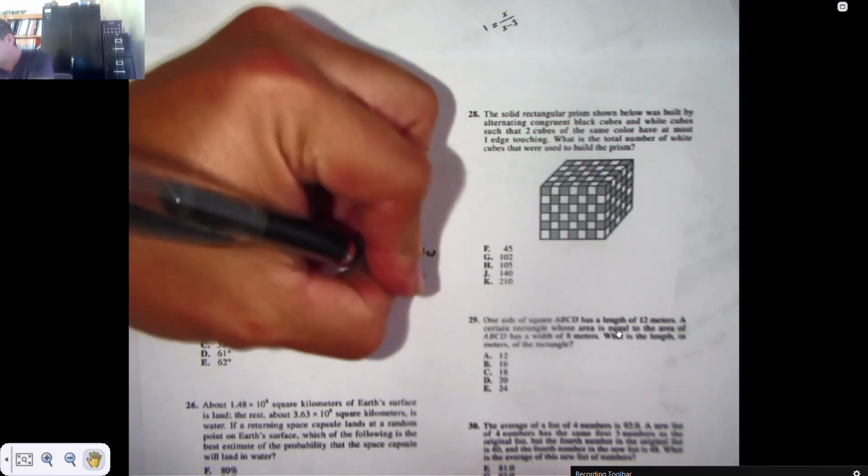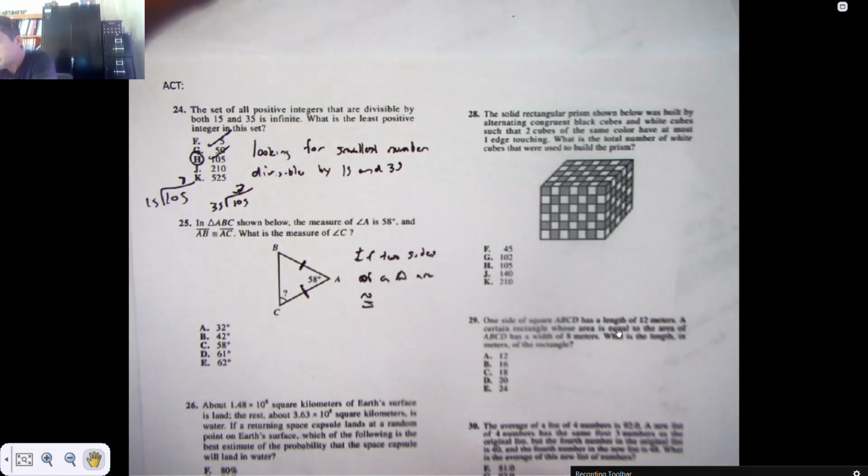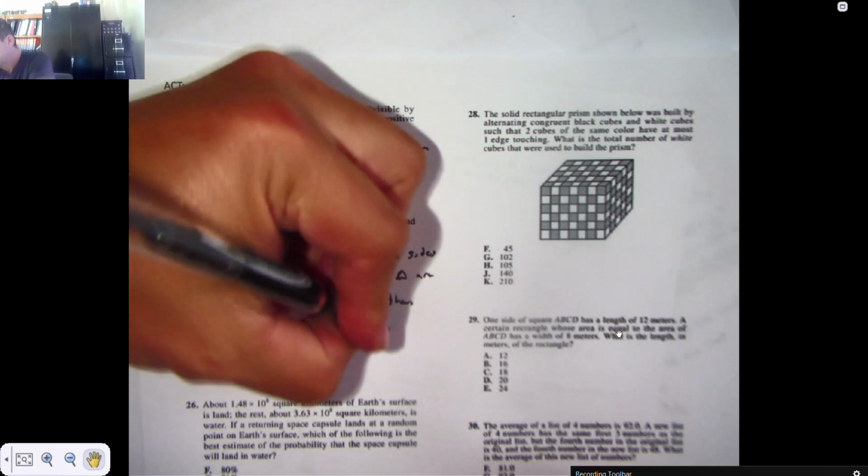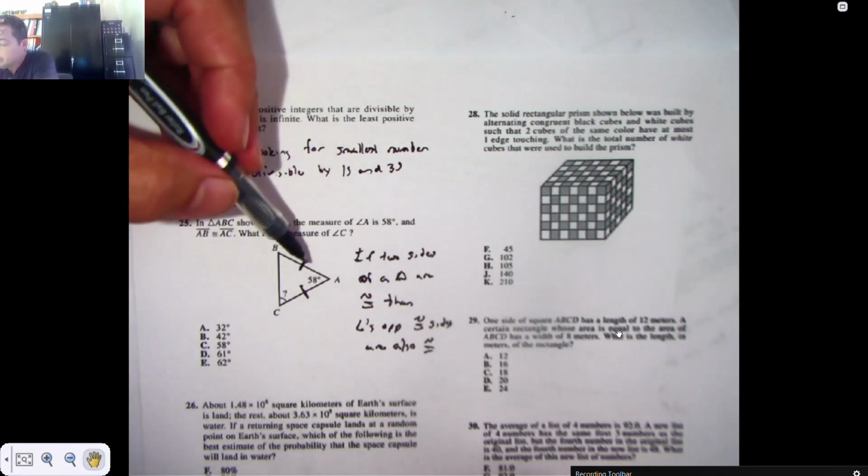It said if two sides of a triangle are congruent, then the angles opposite congruent sides are also congruent. So that means that this missing angle here, these two angles are the same.